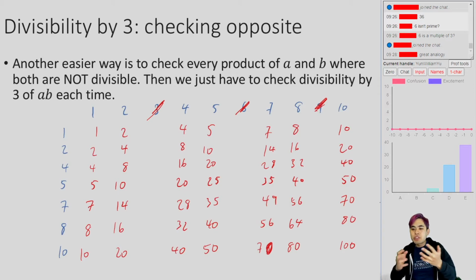A large part of what mathematicians do is we play with numbers, we play with ideas, and then we get some sense of, well, this weird thing seems to happen a lot. Maybe we think it's true. One of the things we're guessing now is that maybe if something is divisible by 3, then whenever you break it up into two pieces, at least one of the two pieces has to be divisible by 3. Now that we have this guess, we can try to prove it.